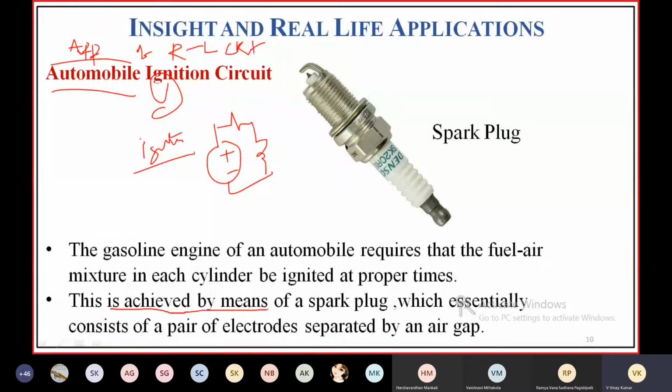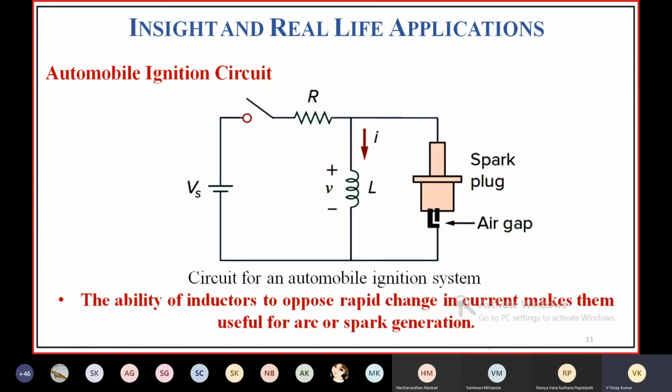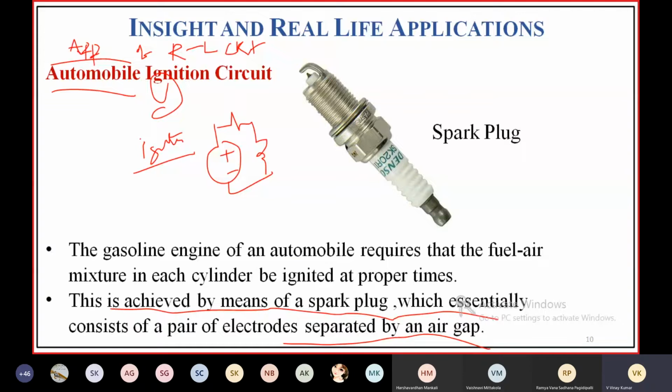This is achieved by means of a spark plug, which essentially consists of a pair of electrodes separated by an air gap. You can see here two electrodes separated by an air gap.